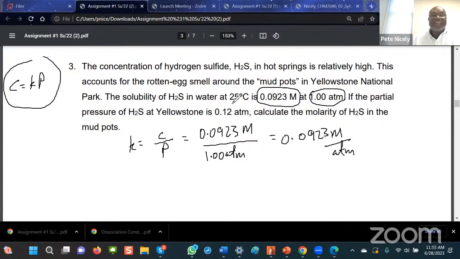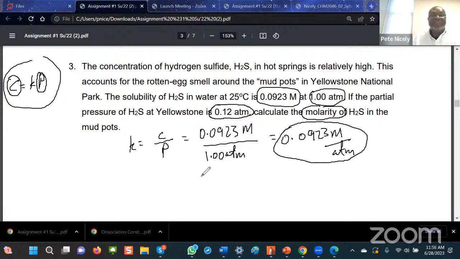Then the question says that the pressure of the hydrogen sulfide at Yellowstone is 0.12 atmospheres, and it's asking for the molarity, in other words the concentration. They gave you the pressure, and K we just calculated.